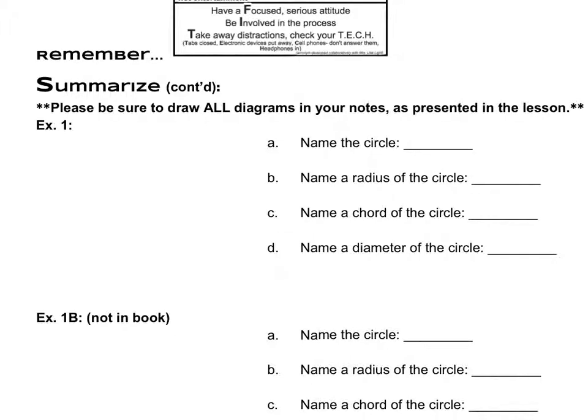So the first thing we're going to do is we're going to draw this diagram, which is from example 1 in your textbooks. So we're going to start with a nice big circle, and then I always draw the center as my next step, and we've labeled that as center K in this diagram.